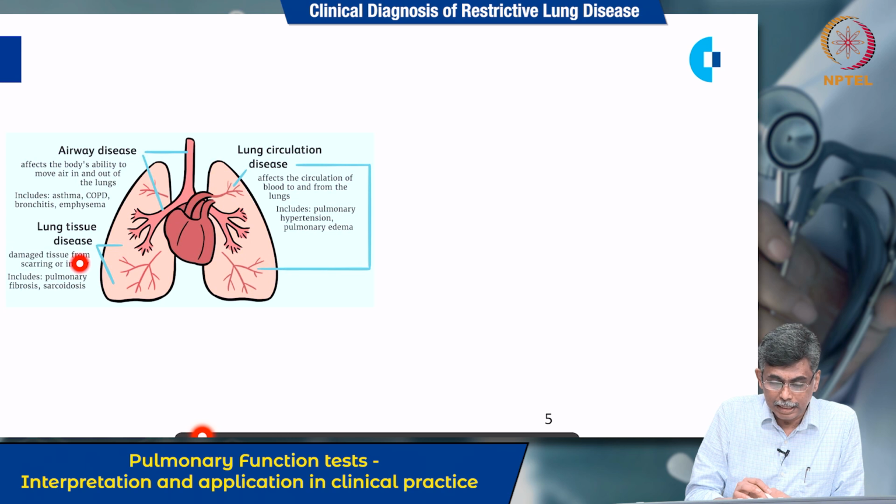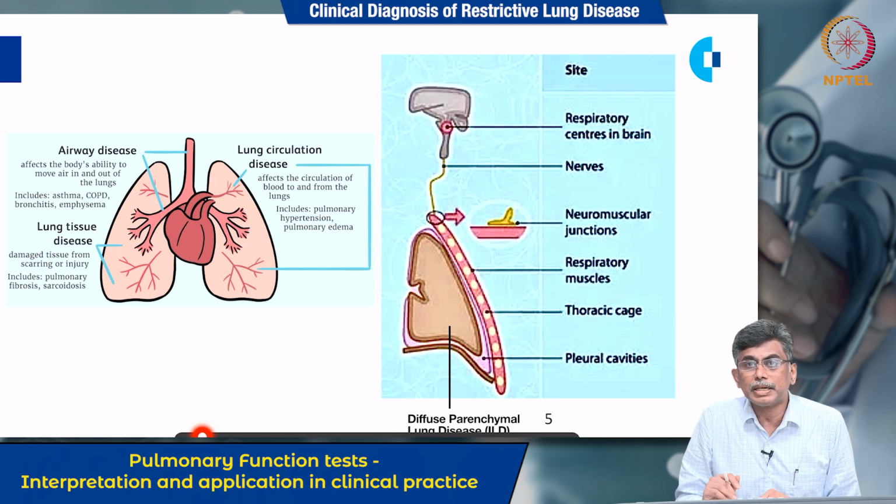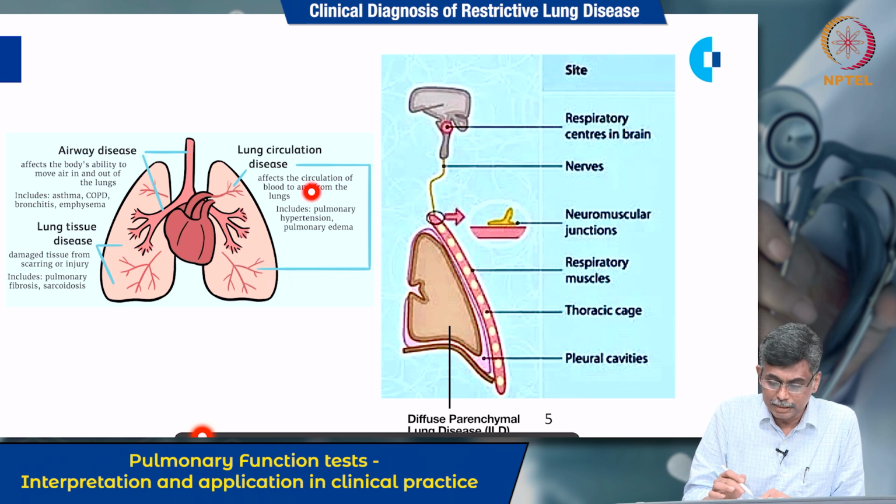Second is the restrictive lung disease, where the problem can be in the lung parenchyma, or in the pleural cavity or in the thoracic cage or in the respiratory muscles or in the neuromuscular junction or in the nerves which supply these respiratory muscles or in the respiratory center of the brain. So, everything comes under the category of restrictive lung disease. The third category is pulmonary circulation diseases or pulmonary vascular diseases.